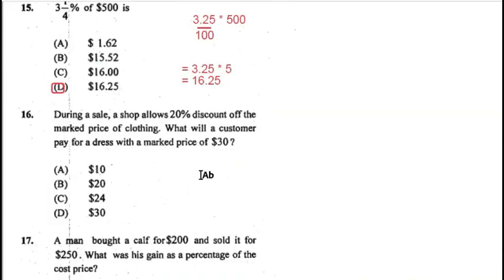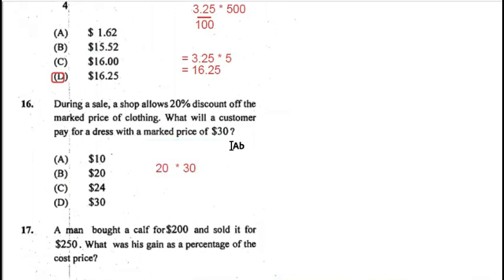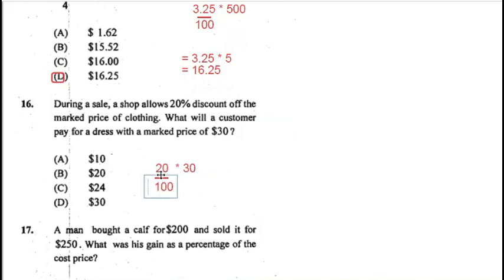16. During a sale, a shop allows 20% off the marked price of clothing. What will a customer pay for a dress with a marked price of $30? So what we're looking at is 20% of $30. So it is 20 over 100 multiplied by 30.